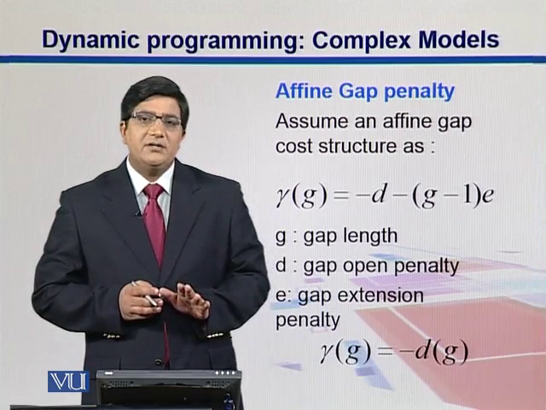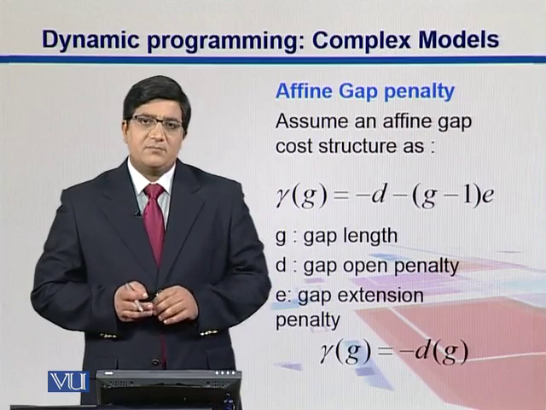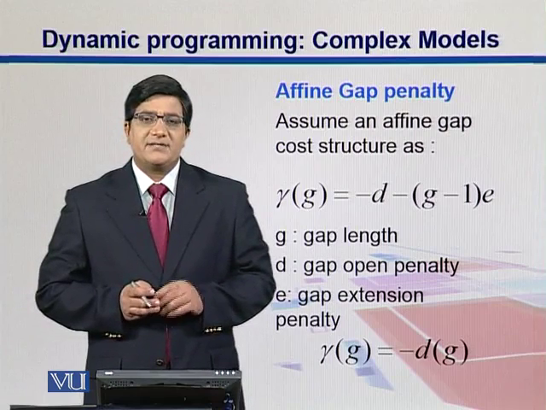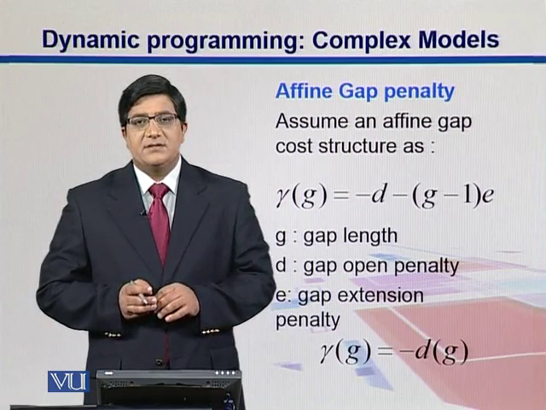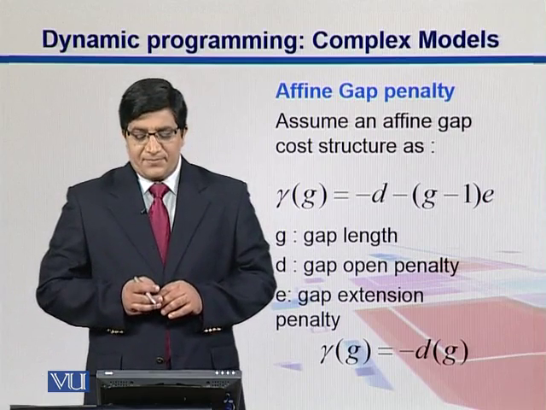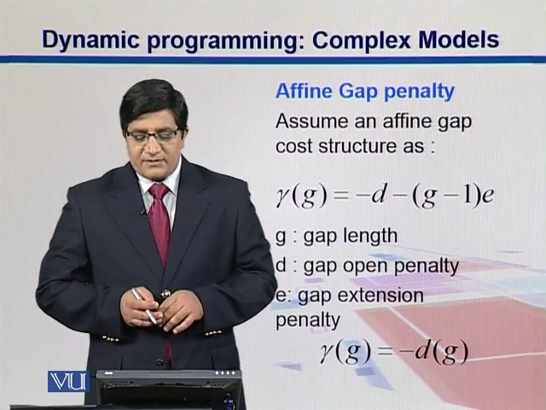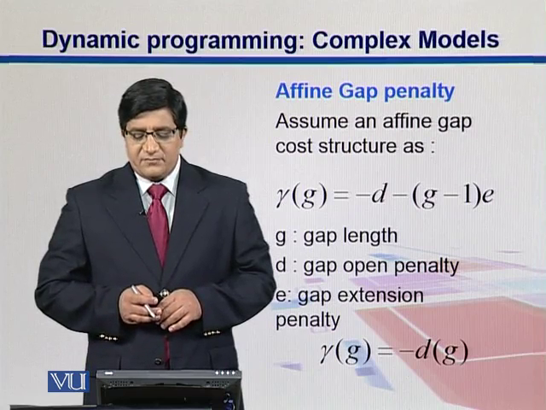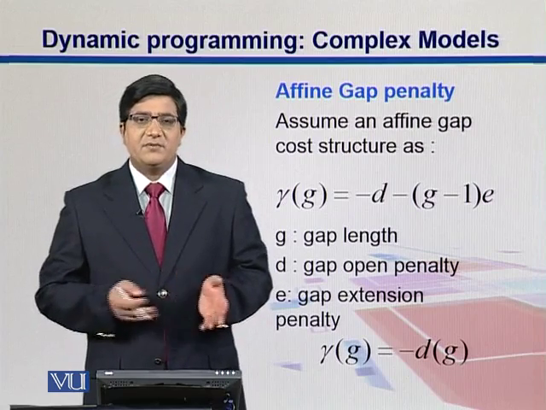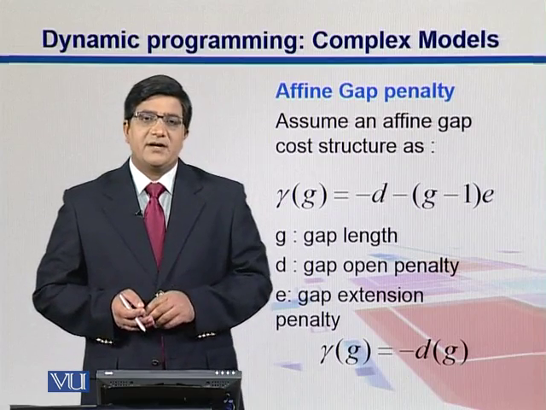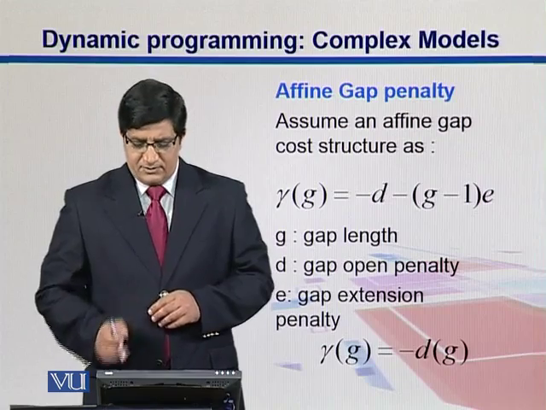But if the gap continues, as in this example, we see an extension penalty. So extension penalties are taken as lower penalties. Whereas in comparison to the previous situation, there gamma g is simply the product of d with g. So the length of the gap simply multiplies with the penalty.